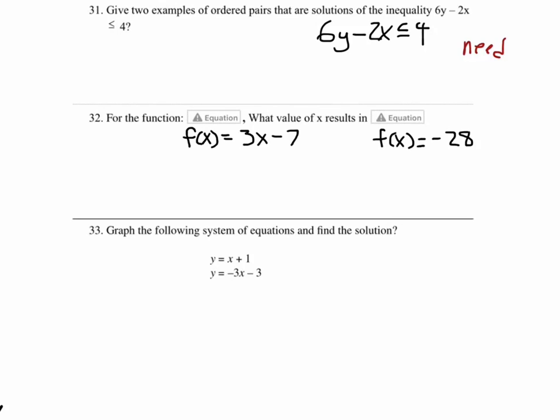Let me try. You need 2 here. So, I'll try x equals 1, y equals 1. Which would be 4 is less than or equal to 4. Check. It works. So, we have 1, 1.